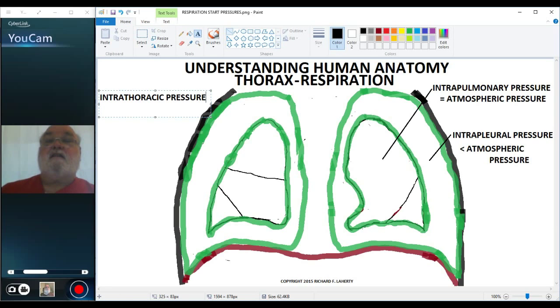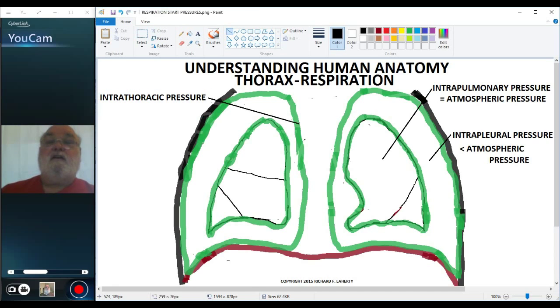And I'm going to draw the arrow into the mediastinum because I have no room to put it between the pleura and the body wall, but the same pressure should be here in the mediastinum.